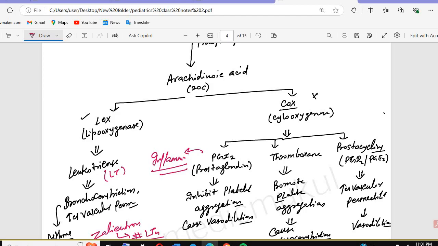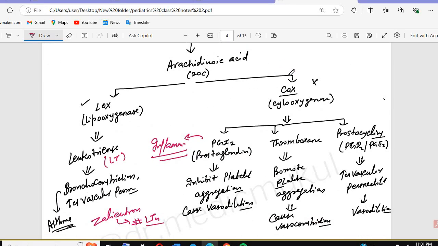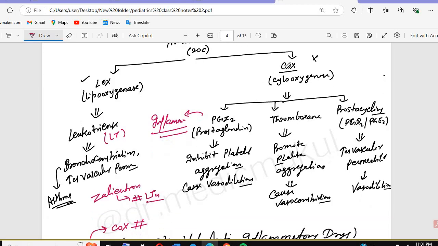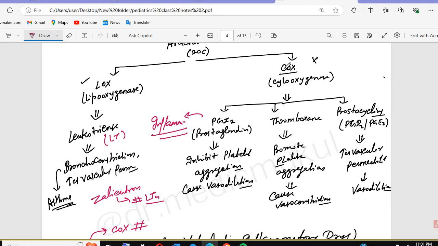Okay, so we have the cell membrane. The cell membrane component, in the presence of phospholipase A2, becomes arachidonic acid. This is the whole biochemistry, including the physiology and the pharmacology as well. Arachidonic acid has the metabolic pathways, LOX and COX, giving leukotrienes, prostaglandins, thromboxane, prostacyclins.